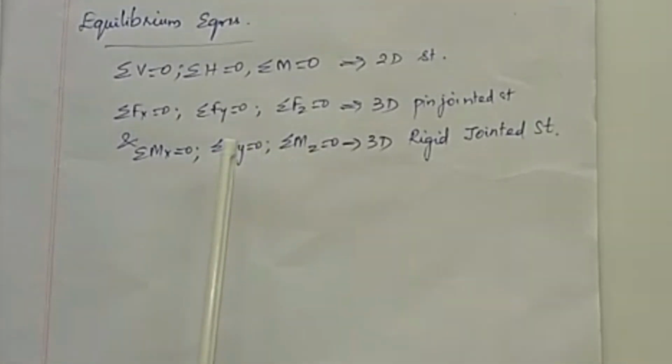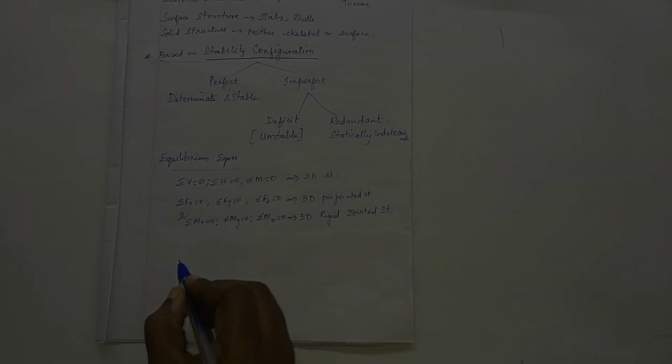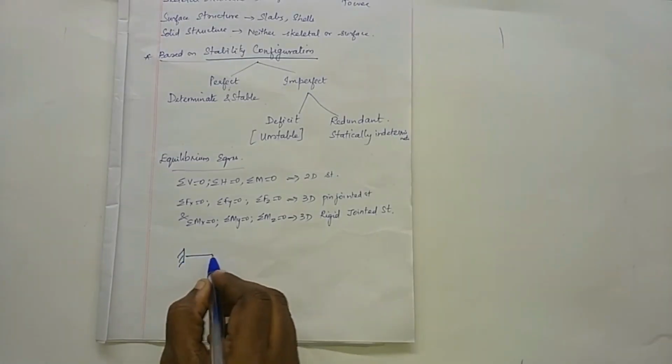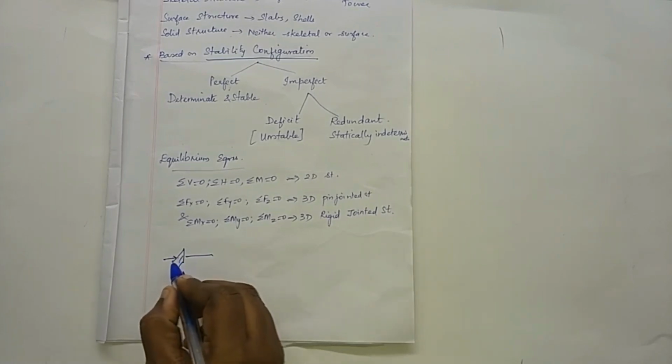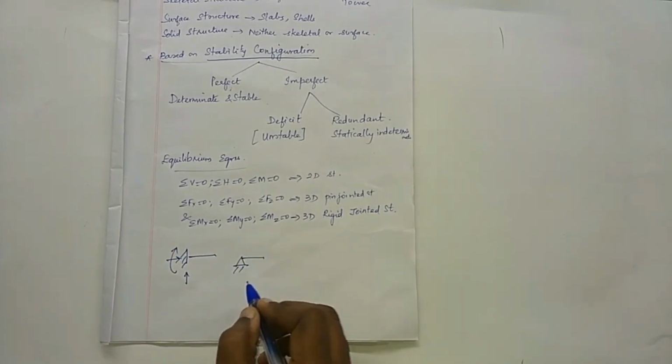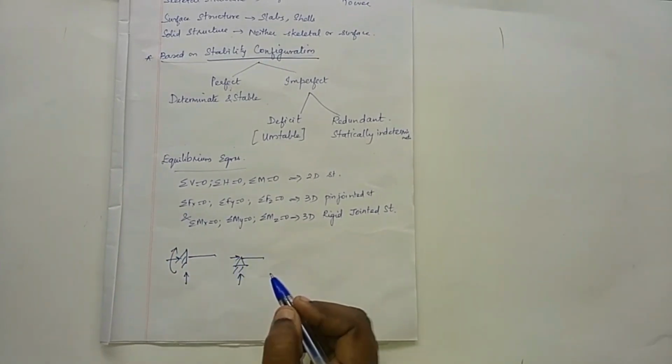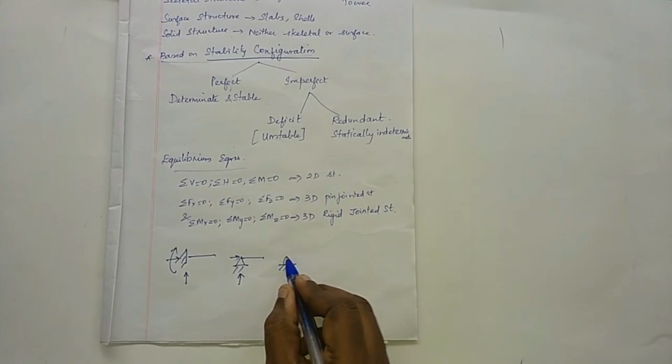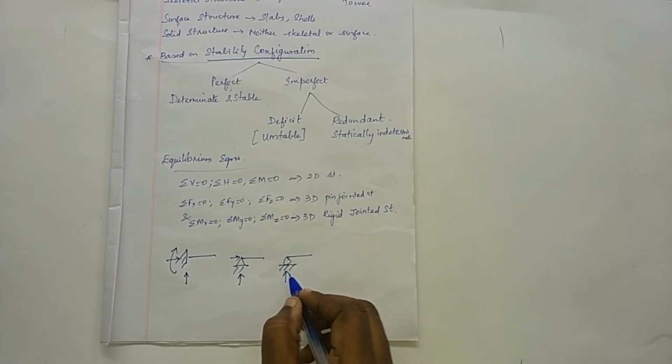So you should identify whether the structure is a two-dimensional structure or a three-dimensional structure, whether it is pin jointed or rigid jointed. Then you can make use of the corresponding equilibrium equations to analyze the unknowns at the support. For a fixed support, there are 3 redundants you would have learnt already. For a hinge support, you have 2 redundants or the restraints. For a roller support, you have 1 restraint.